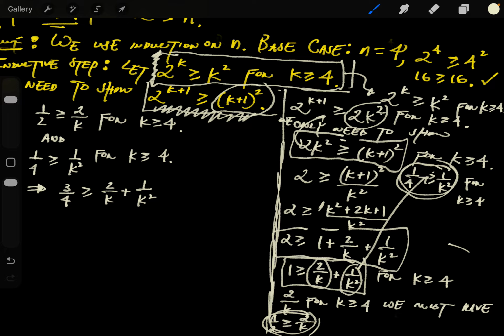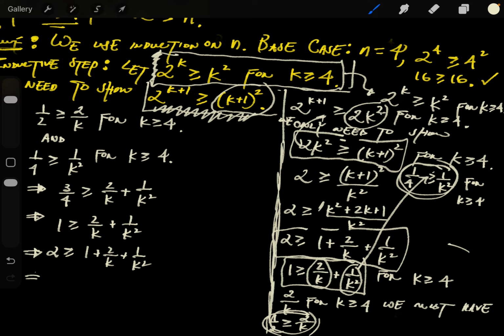And this one for sure implies, and we don't need to worry about it, 1 is greater than or equal to 2 over k plus 1 over k squared. And then when you add 1 on both sides, you get 2 is greater than or equal to 1 plus 2 over k plus 1 over k squared.